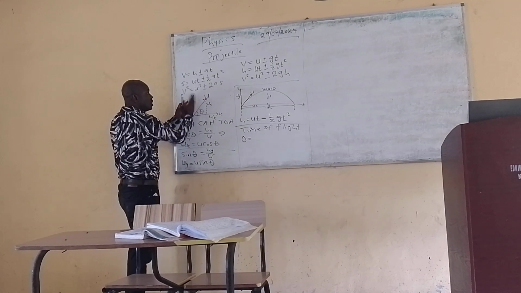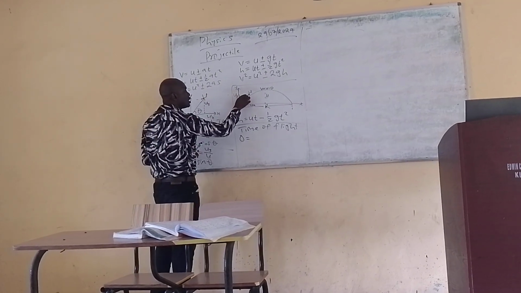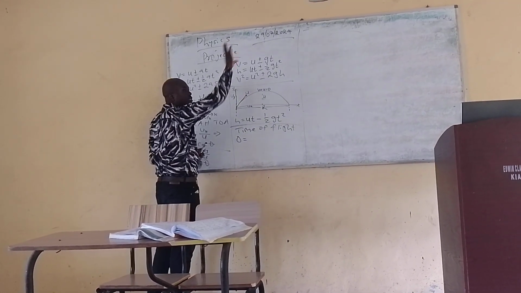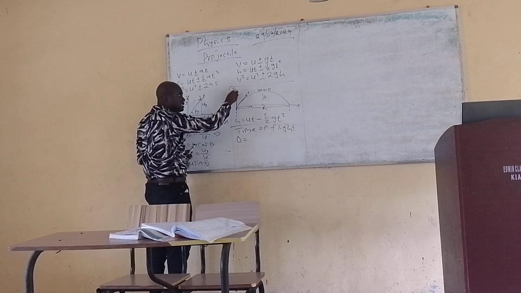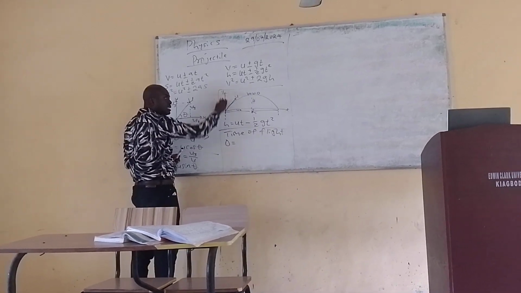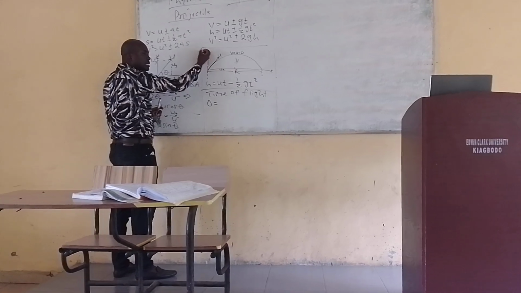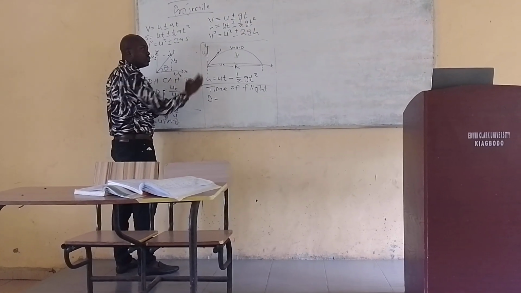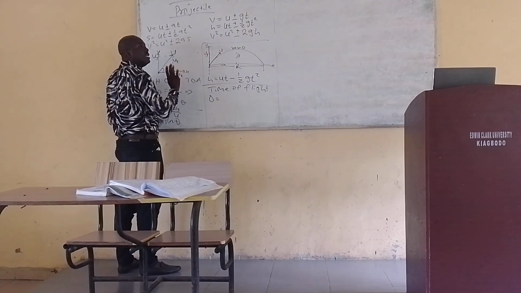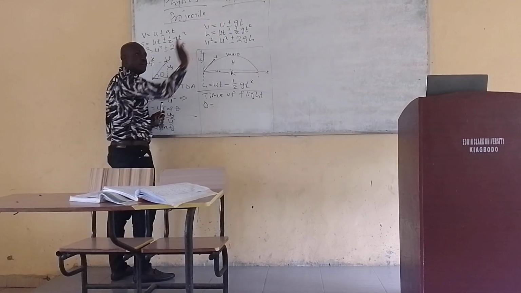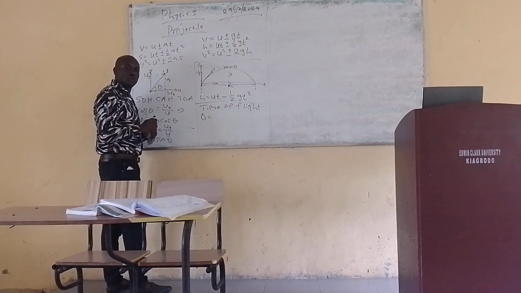We are going to resolve it this way because when it is moving up, only this side and this side is observed, because there is a force of gravity pulling it downwards, and there is an initial velocity that it was projected with.